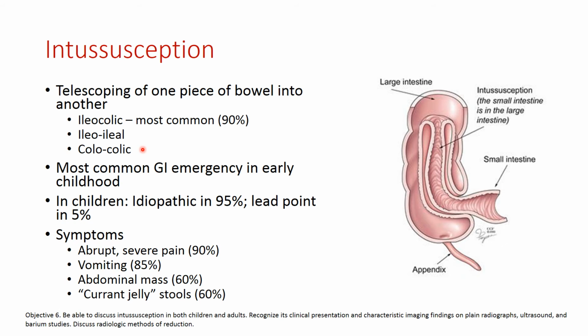So what are the symptoms? Well, an abrupt, severe abdominal pain, and this pain is colicky, so it comes and goes because you have peristaltic waves that kind of come and go. This is a serious condition because when the ileum goes through this ileocecal valve, this becomes very tight.